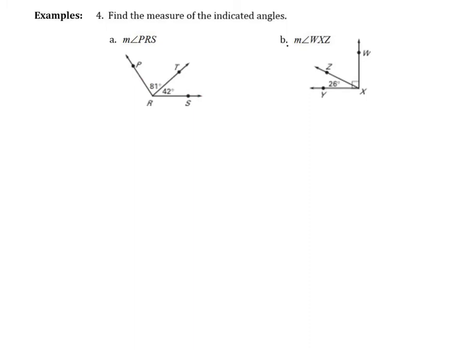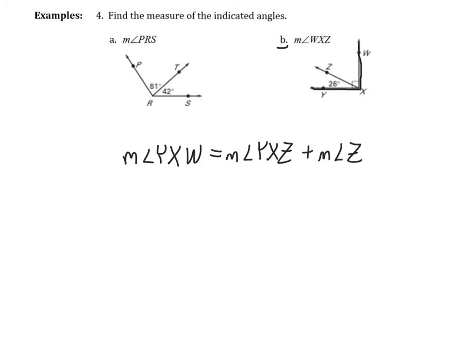Now for the next example, let's start off the same way. I have this large angle here, and I know that the measure of angle YXW would be equal to the sum of angle YXZ plus the measure of angle ZXW. So let's fill in what I do have.